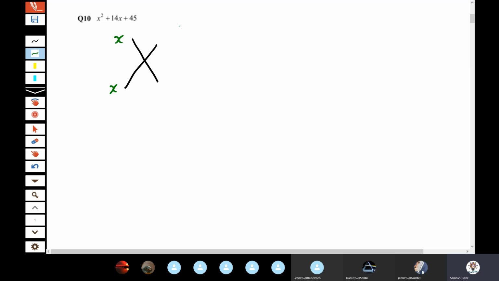45. What are two numbers that multiply to get you 45? There's not many actually. Think of your 5 times tables. 5 times what? 9. Yep, 5 times 9. Now, would 9 and 5 ever get you 14 by adding or subtracting?